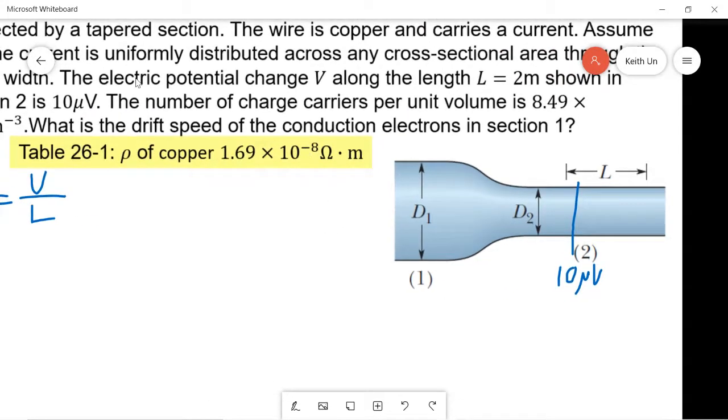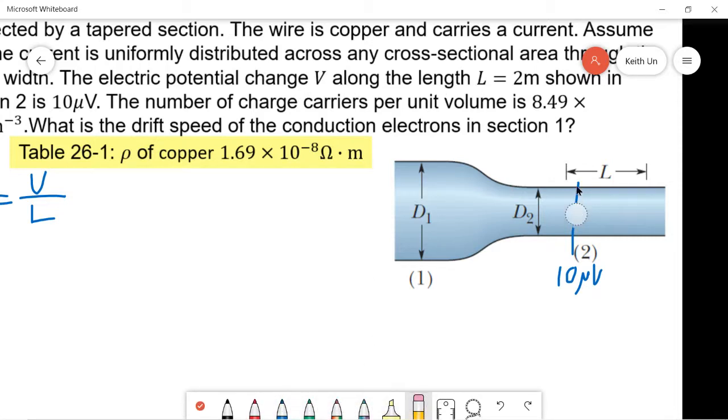It mentioned that the electric potential change V along the length L should be expressed like this. If we choose this part and this part, the delta V here is 10 mV.